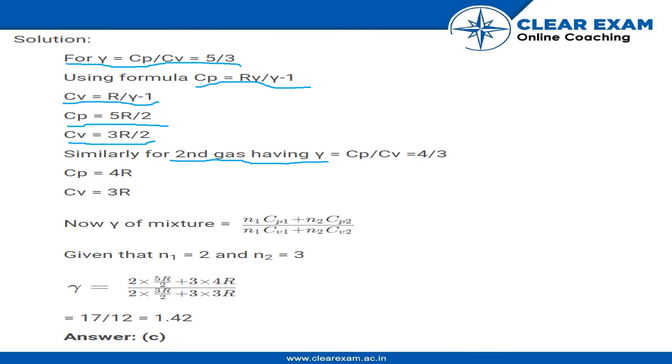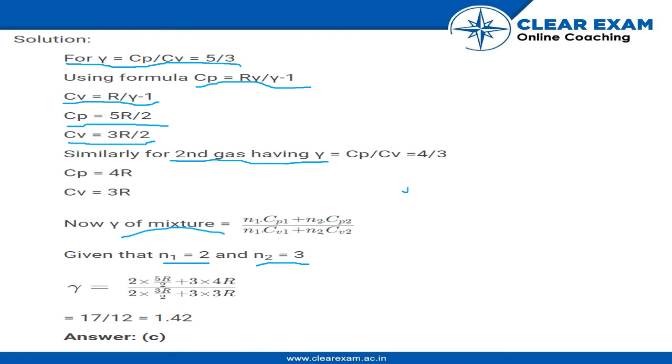Now we are going to apply the formula for a mixture. For that, the formula comes out to be N1 into Cp1 plus N2 into Cp2 upon N1 into Cv1 plus N2 into Cv2, and it is given in the question that N1 is 2 and N2 is 3.